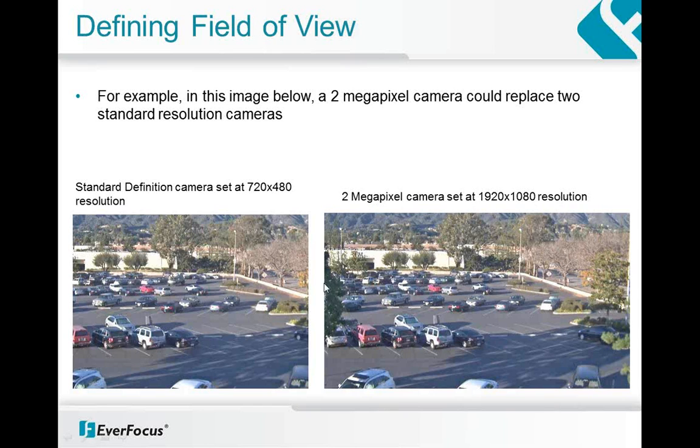If you look at the camera's width as well as the height, the width is probably more noticeable. You'll see that this tree on the left-hand side of the 2 megapixel image is in the picture, while in the standard definition image, the tree is missing. So that's an advantage of using megapixel cameras, as well as you're getting a bigger picture.